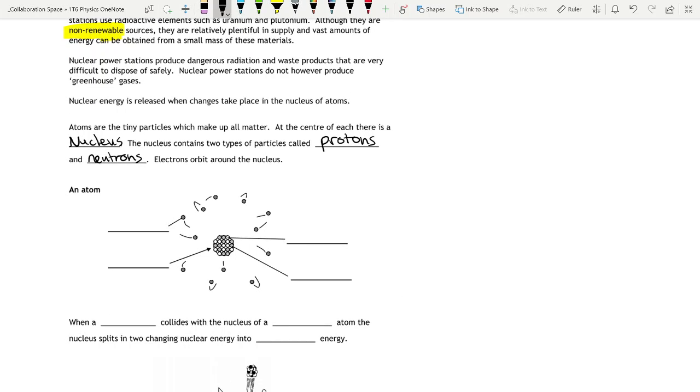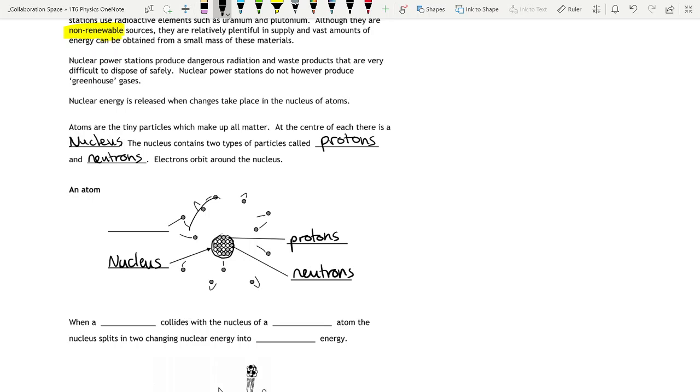So you can see right in the middle here we've got the nucleus. So I'm going to label that nucleus. And inside, it doesn't matter which colour you choose, there are protons. We'll say that the white ones are protons and the grey ones are neutrons, but they're both the same size, so you can't really tell unless you are told what they are.